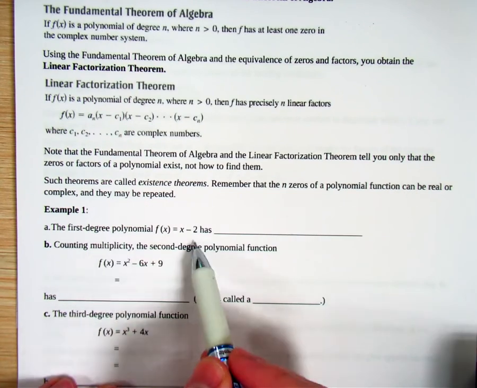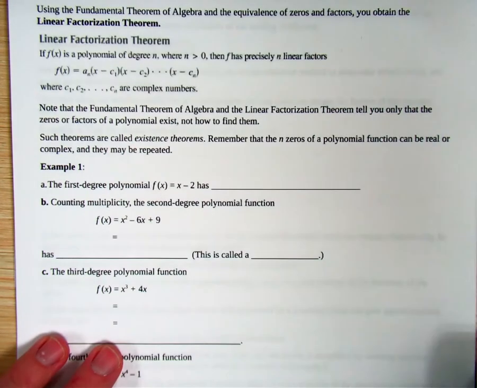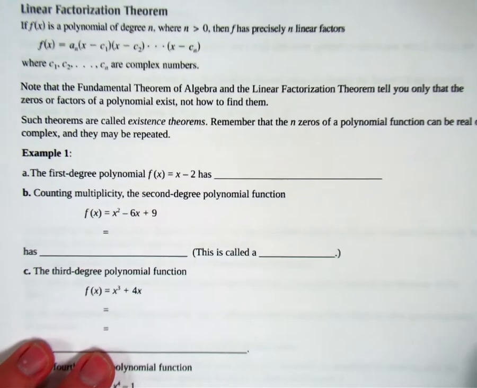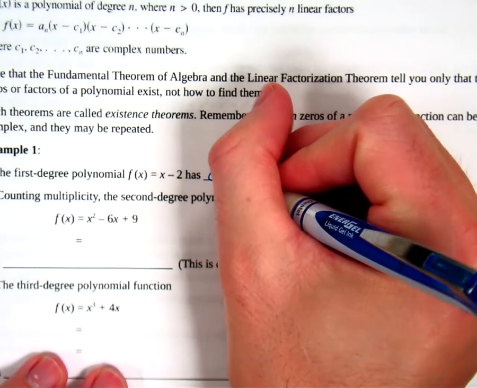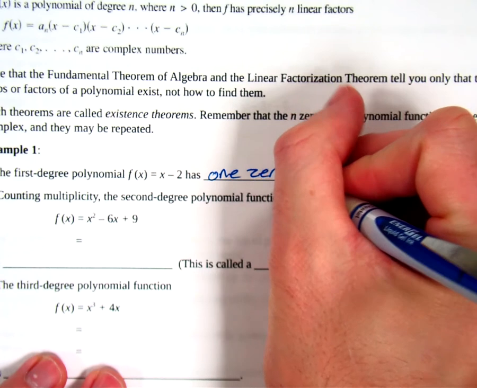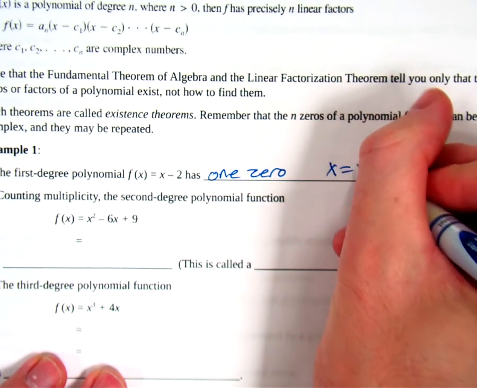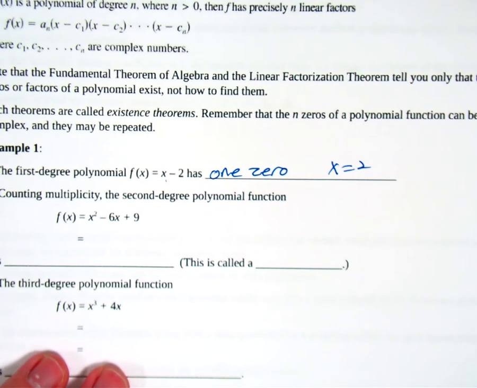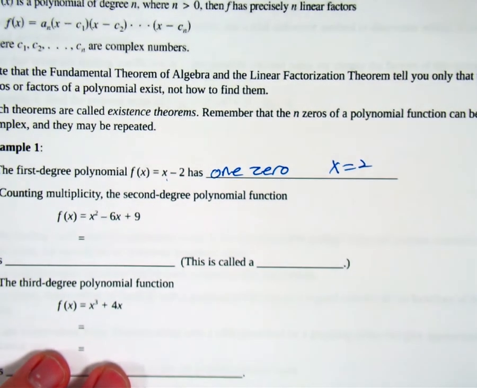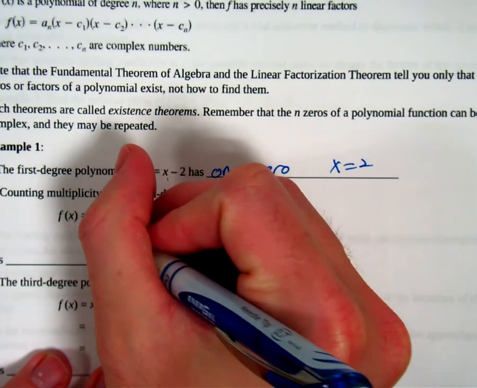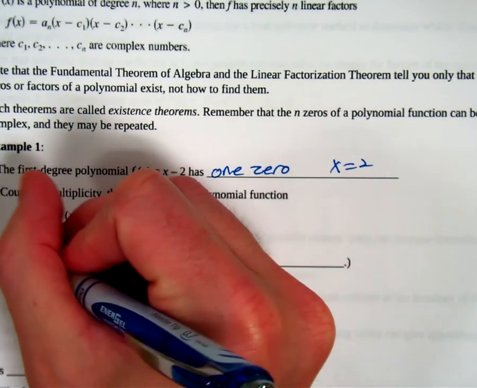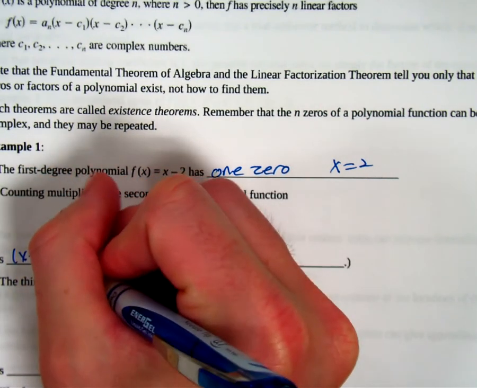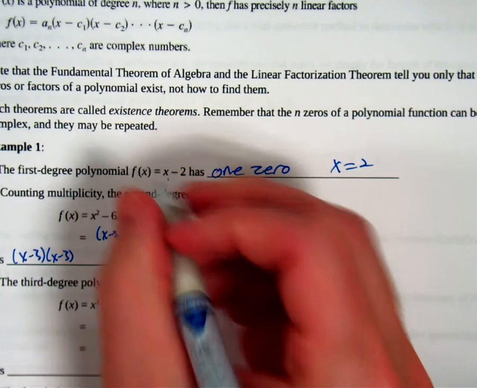A, a first degree polynomial f of x equals x minus 2 is going to have one root, or 1 zero, at x equals 2. 2 minus 2 would be 0. B, x squared minus 6x plus 9, that's x minus 3 squared, which would be x minus 3 times x minus 3.